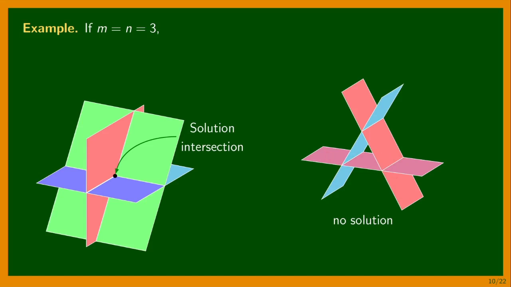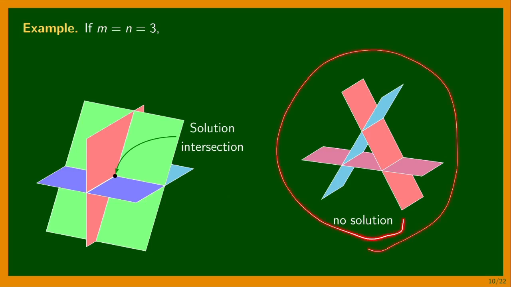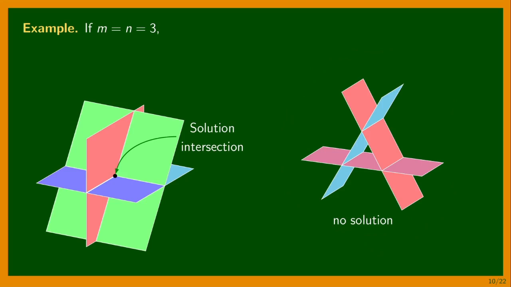So we are looking for the intersection of the three. Here, there is none. So this is an example of a linear system that has no solution, even though pairwise the equations have solutions.